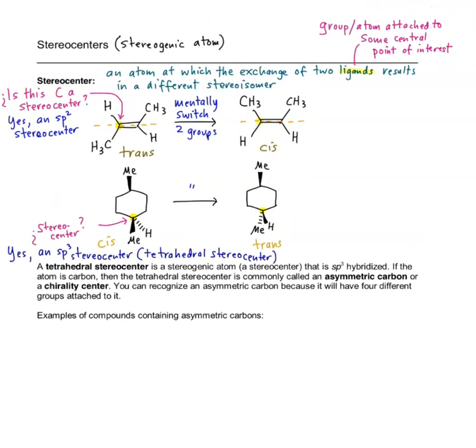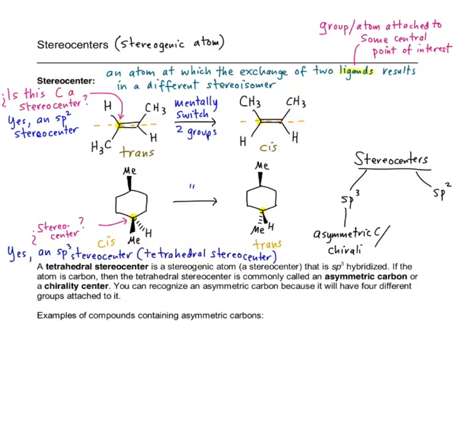Okay, let's do a little summary over here. The broad category, stereocenters, which we defined up above. And we saw 2 versions. We saw sp2 stereocenters, which we're probably not going to deal with a lot. And we saw an sp3 stereocenter, or a tetrahedral stereocenter. But we're also aware from the previous page of something that's called an asymmetric carbon, or a chirality center.